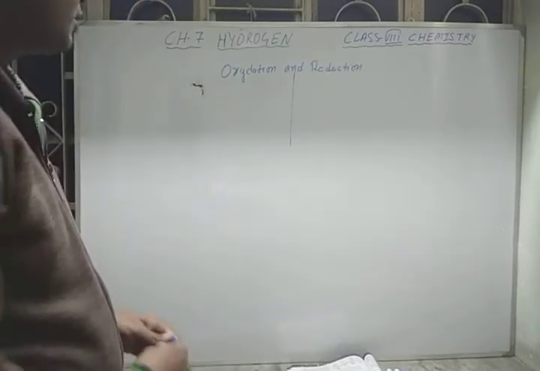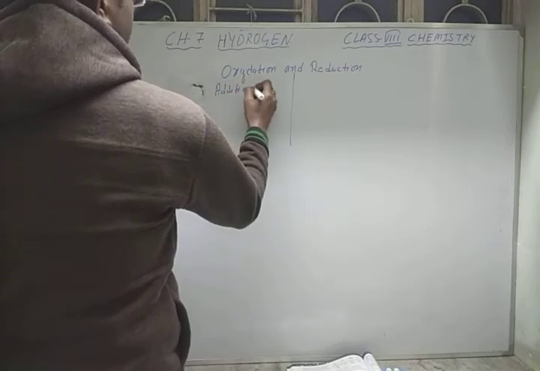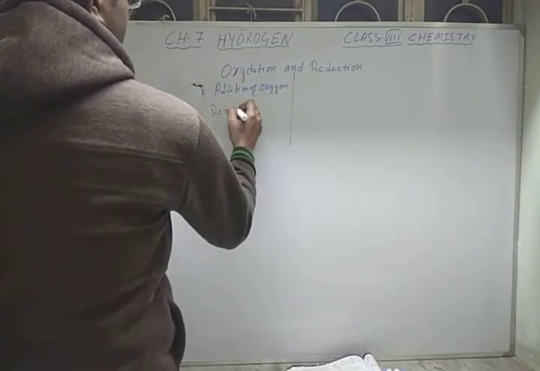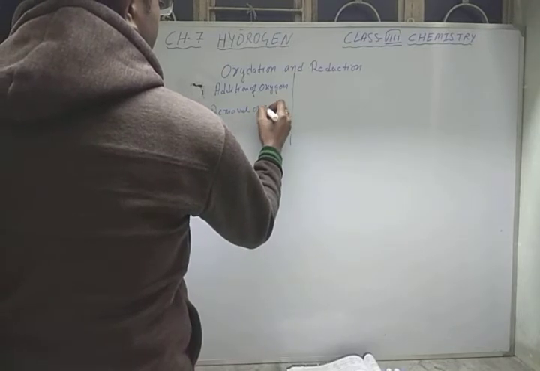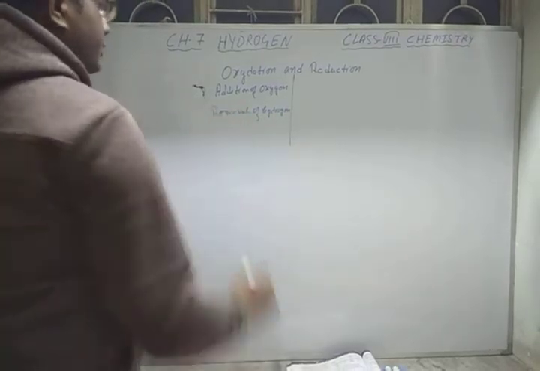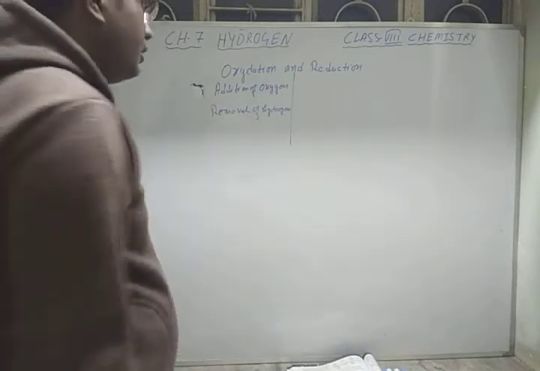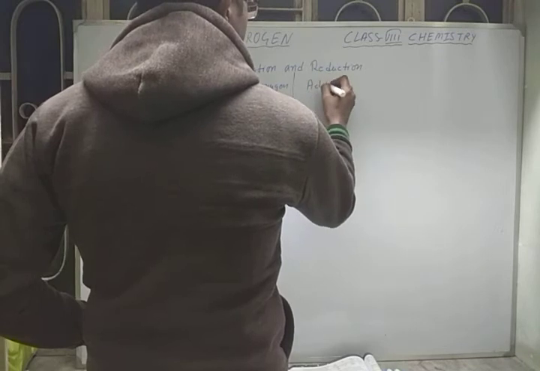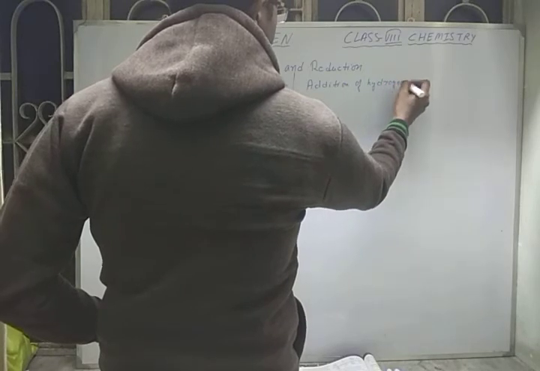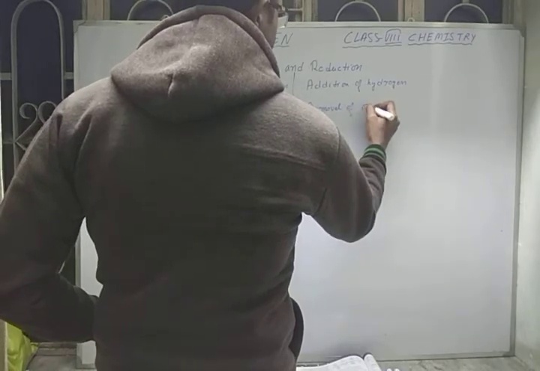Okay, so first of all, in oxidation there is addition of oxygen and removal of hydrogen, whereas in reduction it is addition of hydrogen and removal of oxygen.